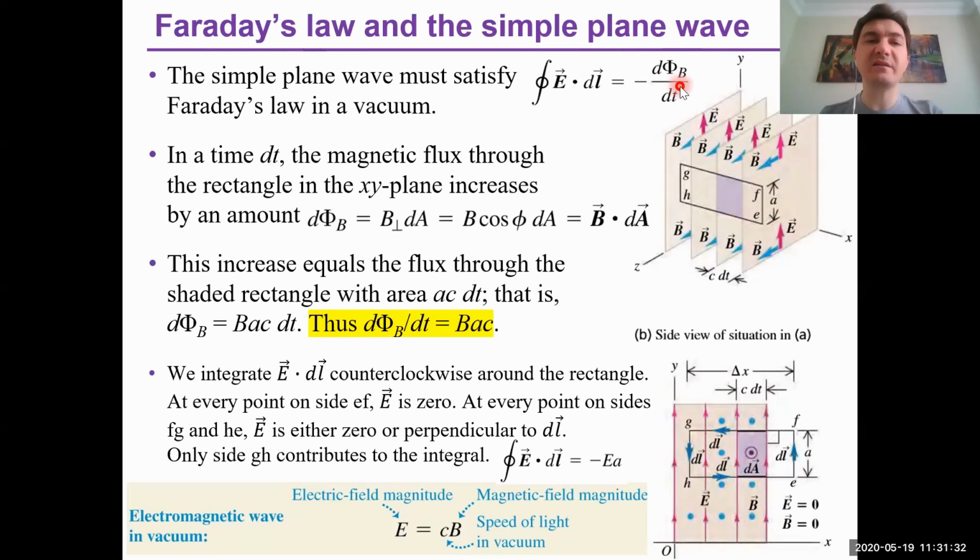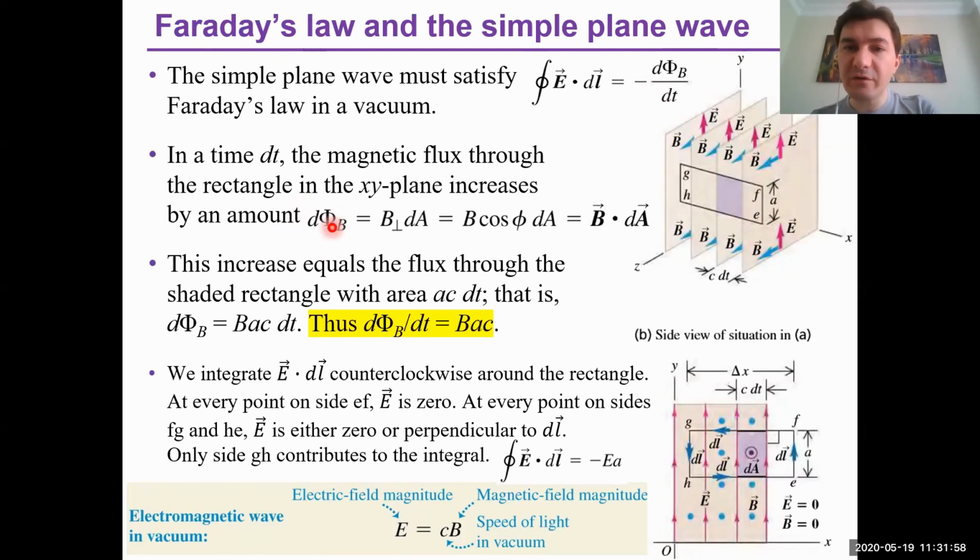So we have done it. Now we will apply that law to that simple plane wave. So let's try to calculate this magnetic flux first of all, and calculate that side of the equation, and then we will calculate this side of the equation. So let's start with the magnetic flux.